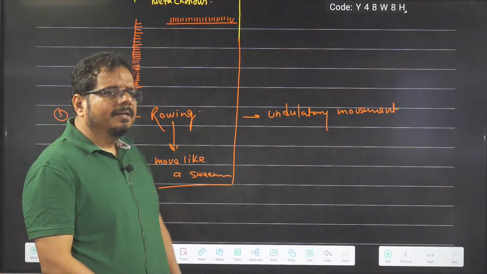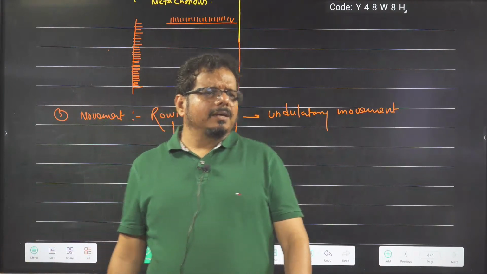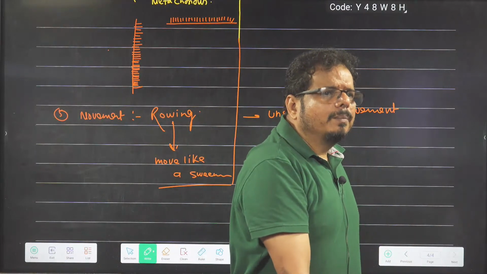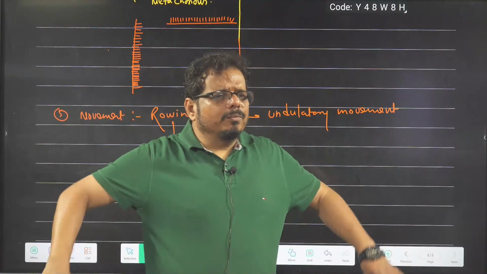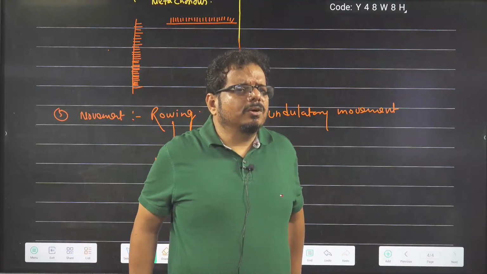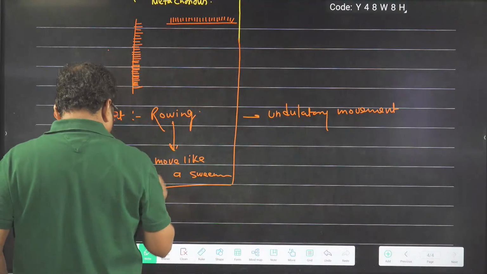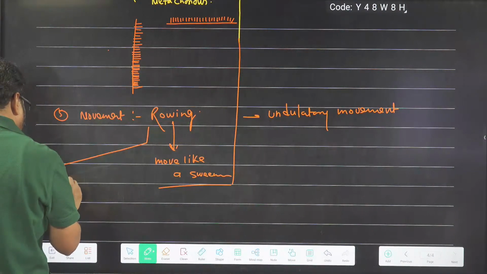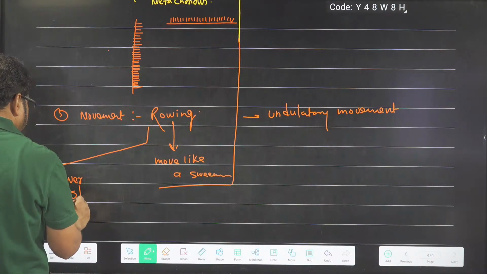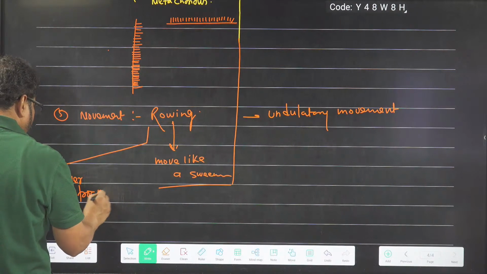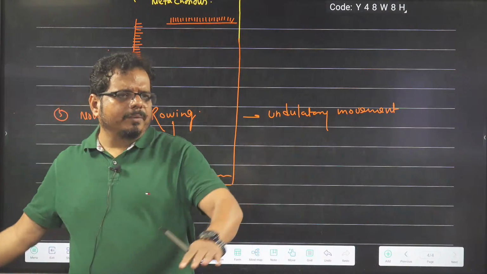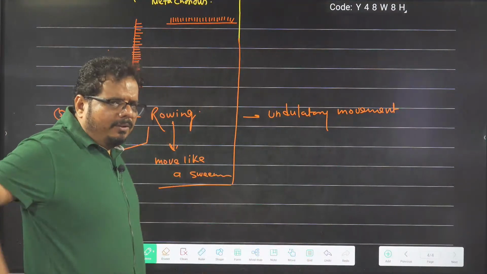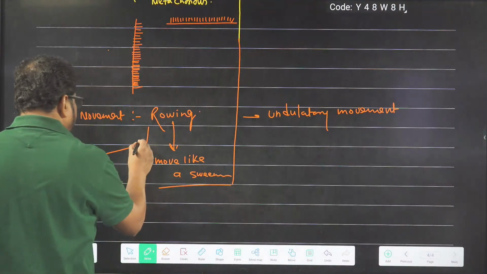You know swimming? When you swim in water, you put the hand like this. It is called power stroke. And when you pull your hand backward, it is called recovery stroke. So in rowing movement, two types of strokes are there: power stroke, when you move forward putting your hand in the water, and recovery stroke, when your hand is coming backward.